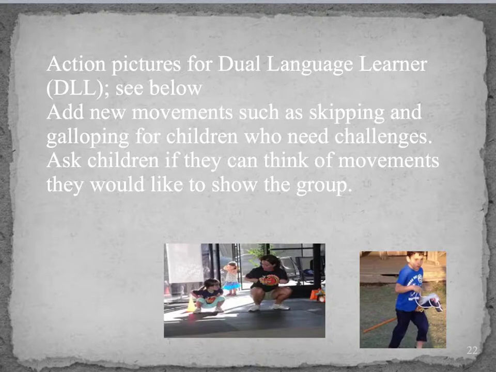You would want to include those graphics in the lesson plan as well as list them on the materials list. And to challenge some children, she would add new movements such as skipping and galloping for children who need challenges. Asking the children if they can think of movements they would like to show the group would be another way to make accommodations.